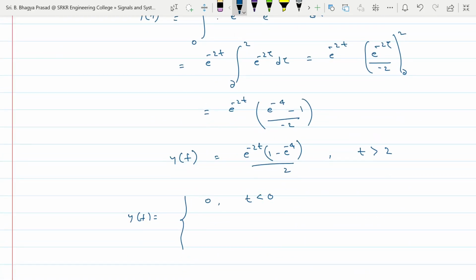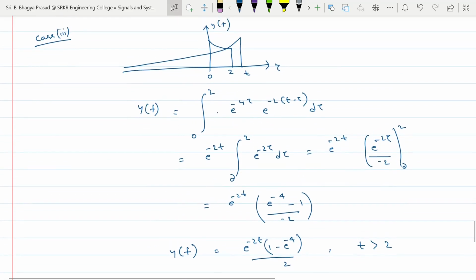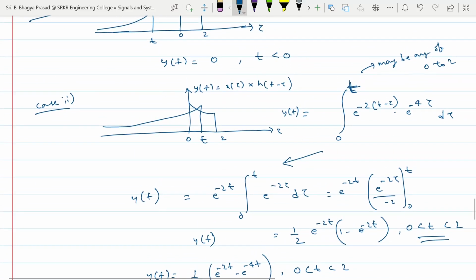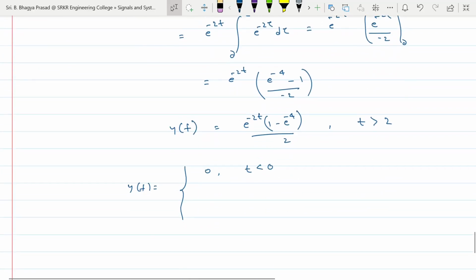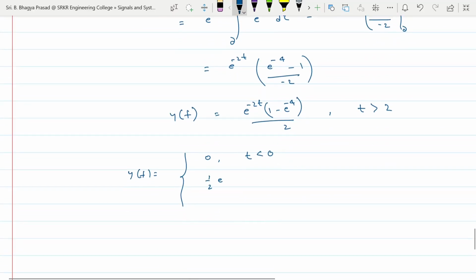In the second case, t crosses 0 but does not cross 2, so in the range of 0 to 2 it holds another expression, 1 by 2 e power minus 2t minus e power minus 4t, for t greater than 0 but less than 2.